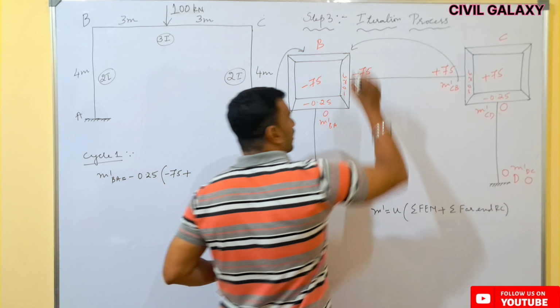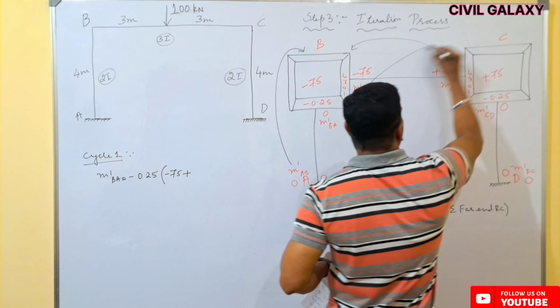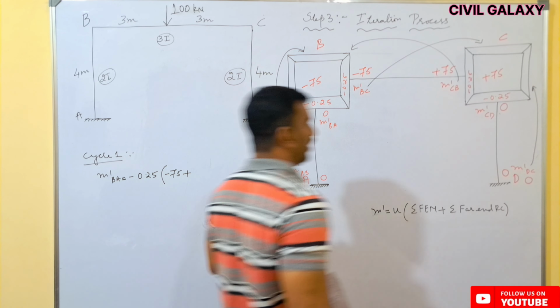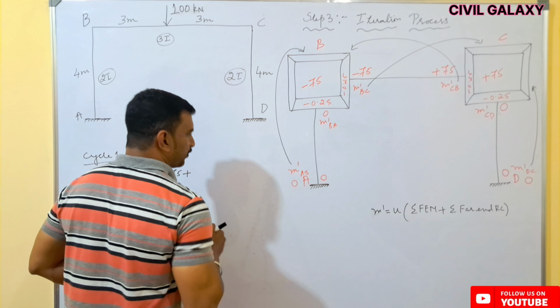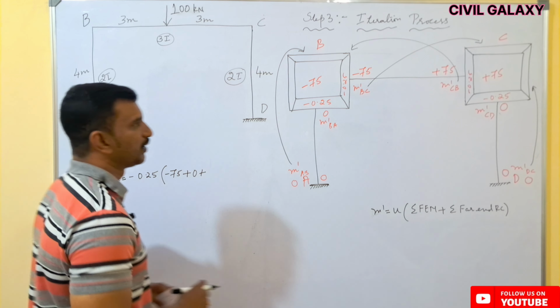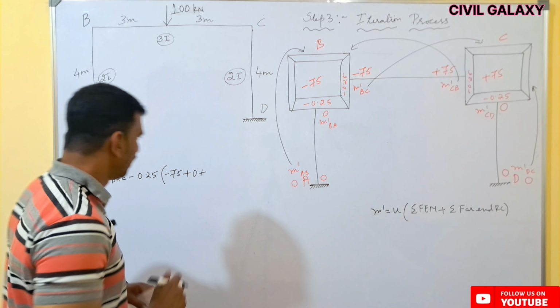For C, it will be m dash BC and m dash DC that are the far ends. For the far end rotation contributions, m dash AB we already know the value is 0, plus the far end rotation contribution m dash CB, which we don't know and need to calculate.